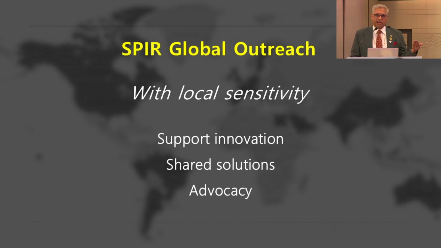We have an SPIR global outreach program that we are actively pursuing, where we encourage regional centers to have exchange programs, where we have a group of individuals interested in coming out and volunteering for workshops or a day kind of interaction, so that we can support innovation, learn from each other, and come up with shared solutions. More importantly, provide advocacy for children on a global scale. Children need this support and improved access to image-guided care everywhere.